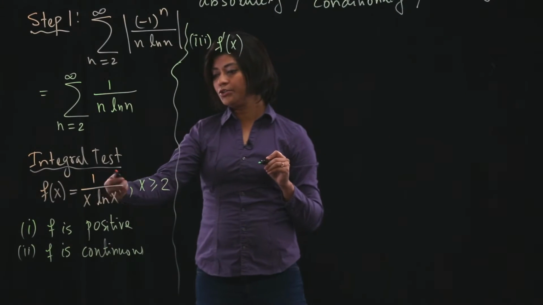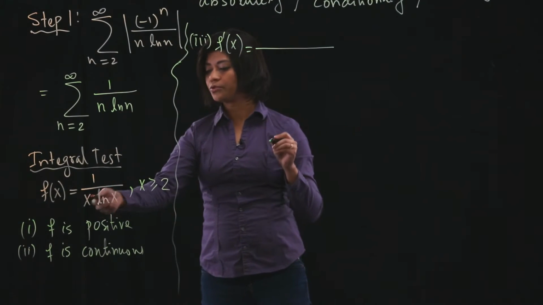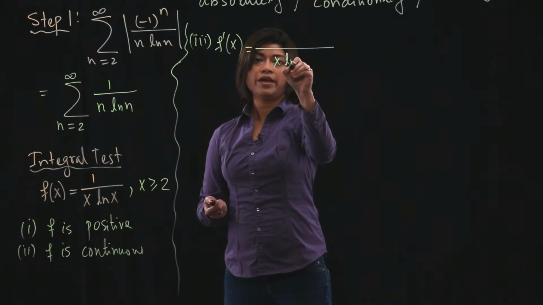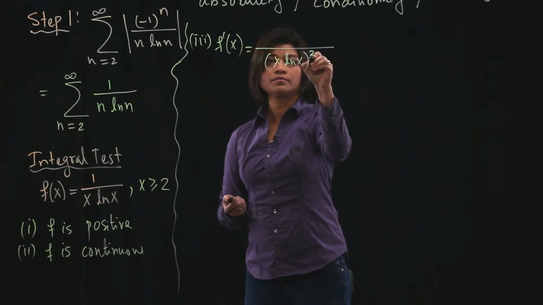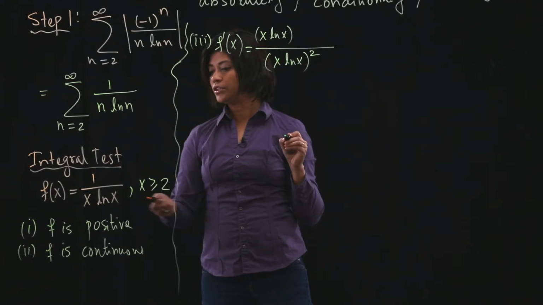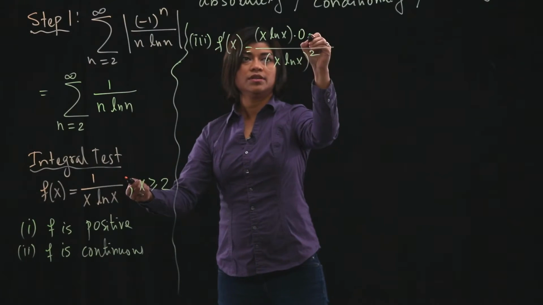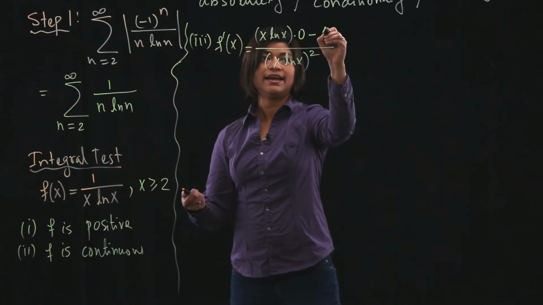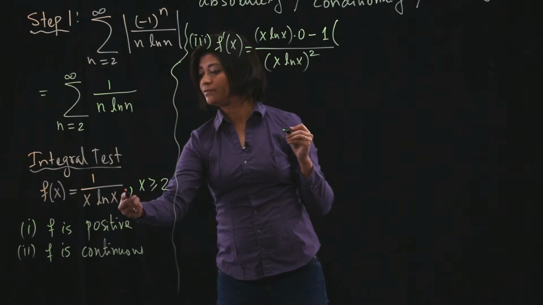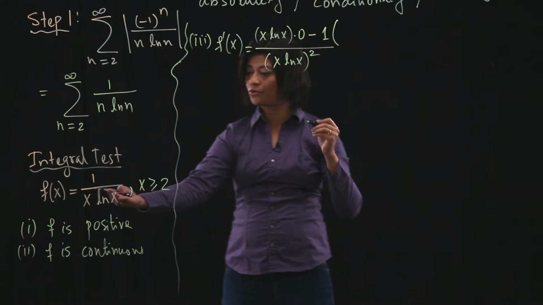Okay, we can do a quotient rule. So remember the quotient rule. You square the denominator. You take this denominator function in the top, take the derivative of 1, which is 0, then minus, keep 1 as it is, take the derivative of the denominator. It's the product of 2 functions, so you need the product rule.